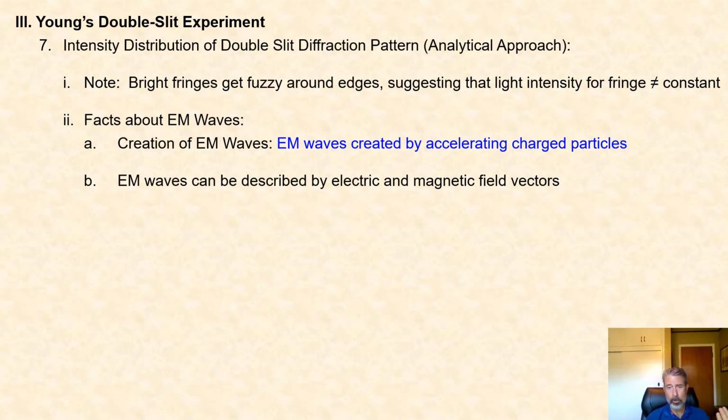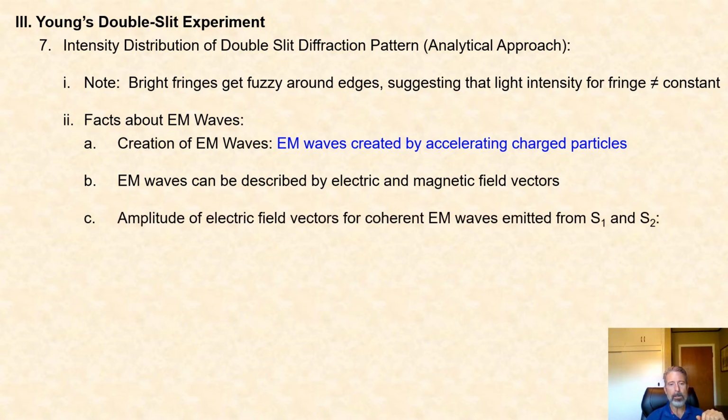Remember, what is an electromagnetic wave? It is nothing more than this oscillating pattern of electric and magnetic field vectors. So we're going to describe the amplitude of the electric field vectors for a coherent electromagnetic wave, or I should say waves, emitted from slits S1 and S2.